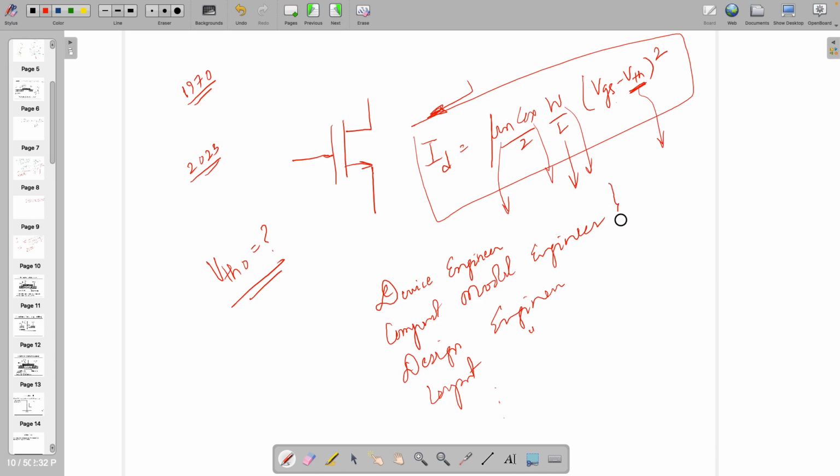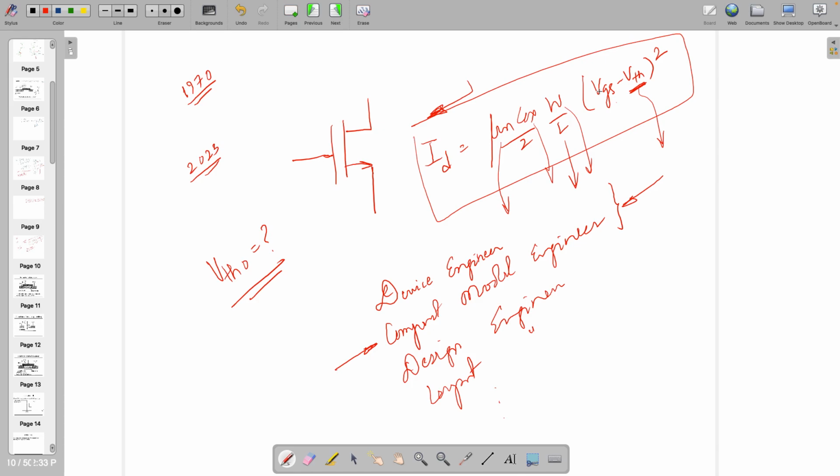So the role of these engineers: one of them is the device engineer, who might be fabricating your chip or the device. It is mostly on the physics and chemistry side. This person plays a very important role between fabrication and design. If he is not there, then there is no possibility to simulate this particular transistor.